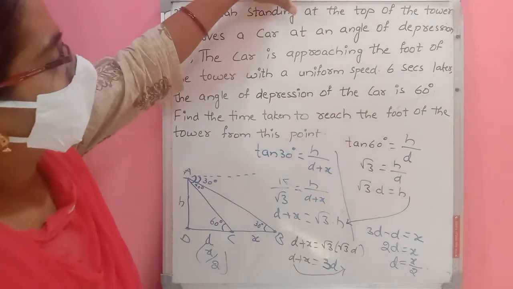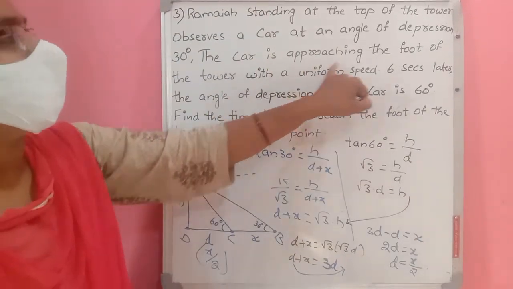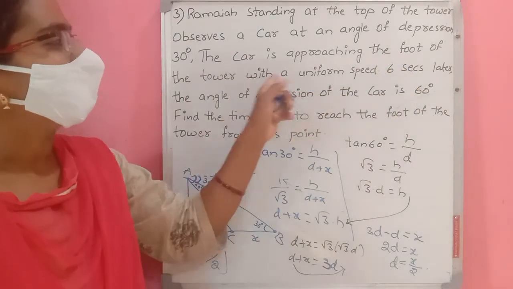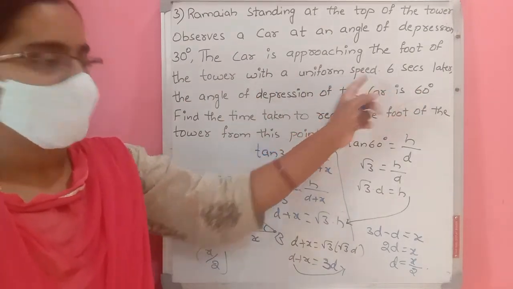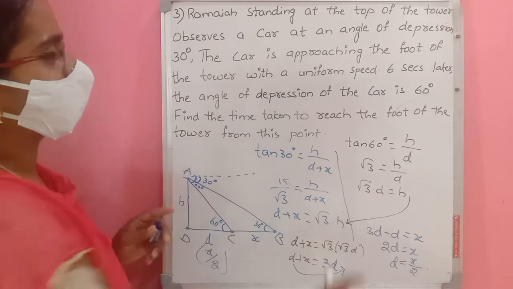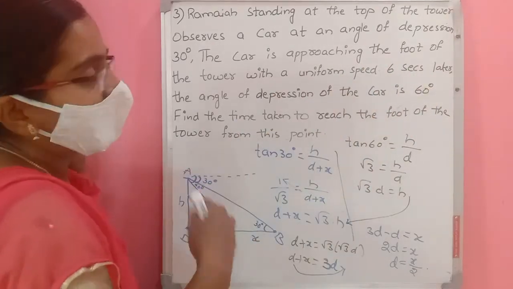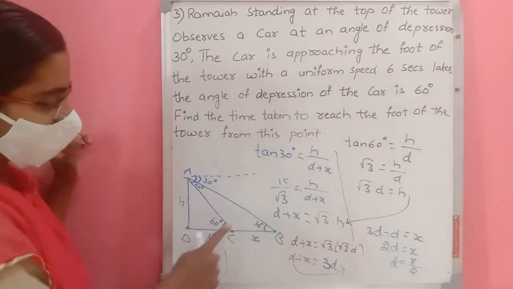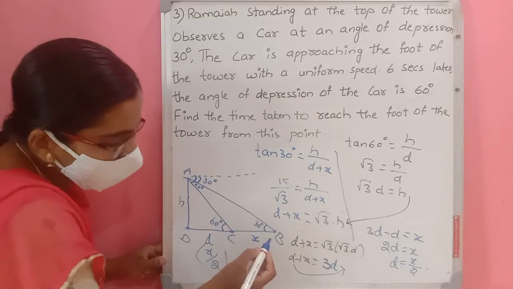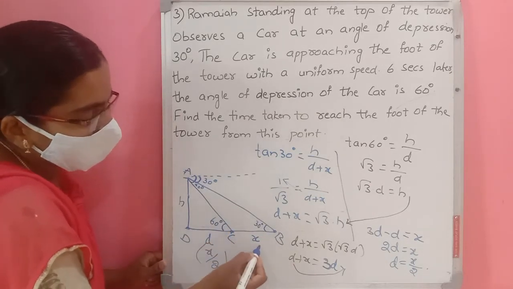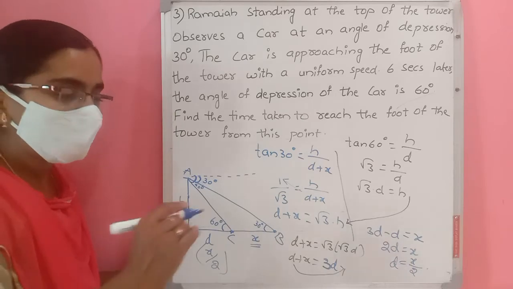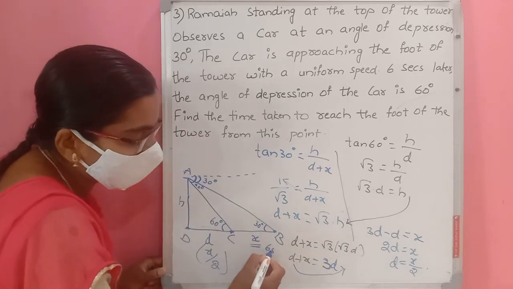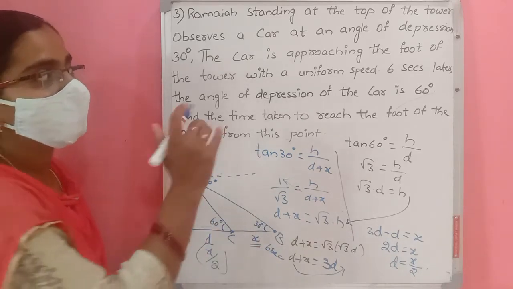To cover this, here we have, see, the car is approaching the foot of the tower with a uniform speed. After 6 seconds, the angle of depression of the car is 60 degrees. Means to reach from B to C, to travel X distance, it has taken 6 seconds. It is with uniform speed.